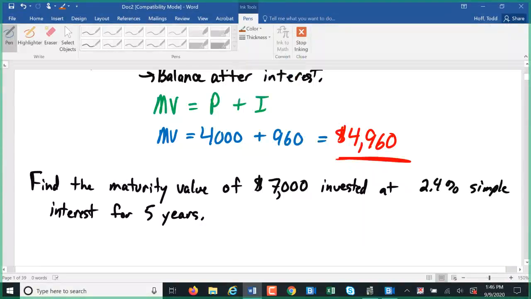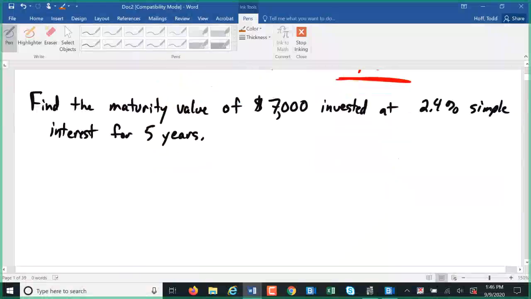Now, even though I ask for the maturity value, I have to start out by calculating the interest because I need the interest to find the maturity value.